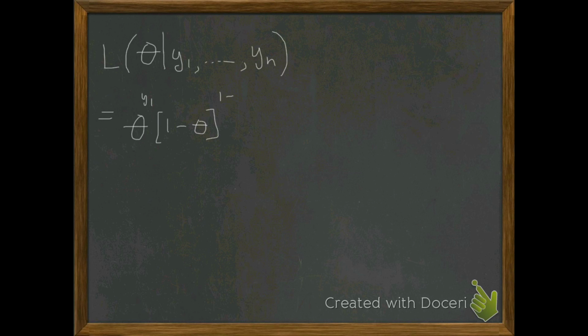So our likelihood function, theta, given our data, is going to be the product of each observation. So we can take theta for our first observation, 1 minus theta to the 1 minus y1 for our first observation.